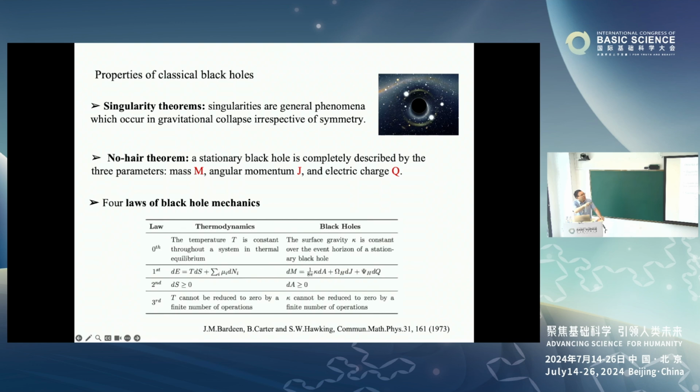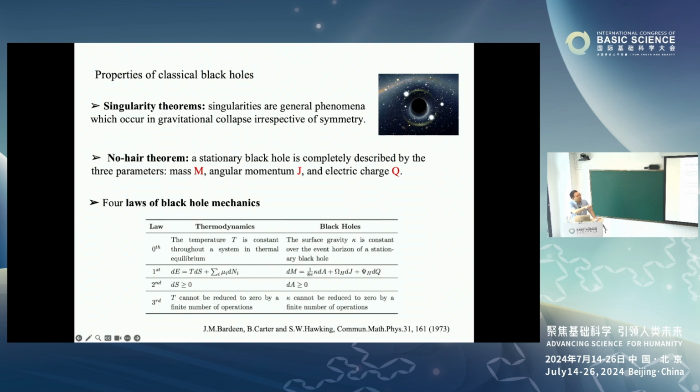Since the last century, we have known many important properties of classical black holes. For example, Penrose and Hawking proved the so-called singularity theorems.